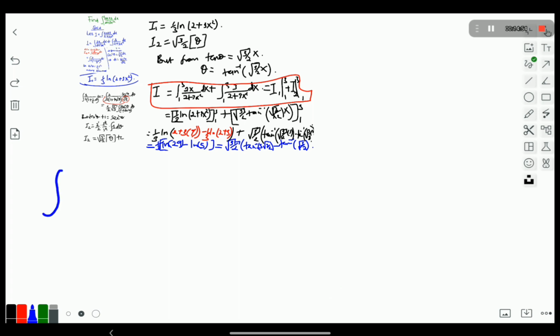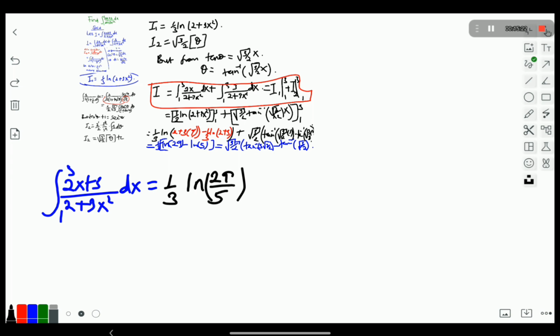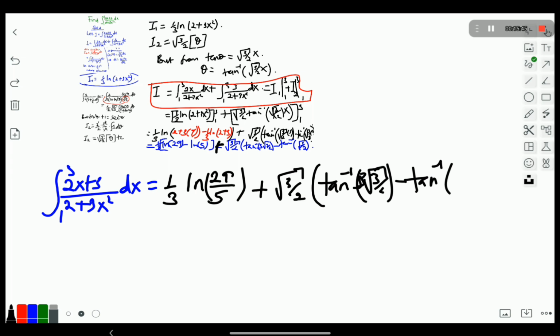So by joining it, the integral from 1 to 3 of 2x plus 3 divided by 2 plus 3x squared dx will be equal to, checking from what we have behind, 1 over 3 ln, the natural logarithm, of 29 divided by 5 from the rules of logarithm, plus root 3 over 2, then in brackets tan inverse of root 3 over 2 times 3, which we had before, minus tan inverse of root 3 over 2.